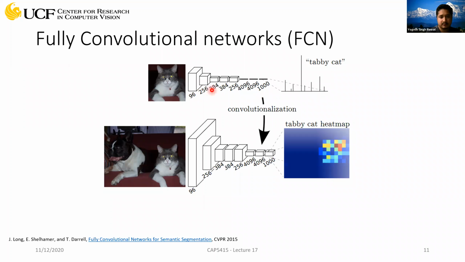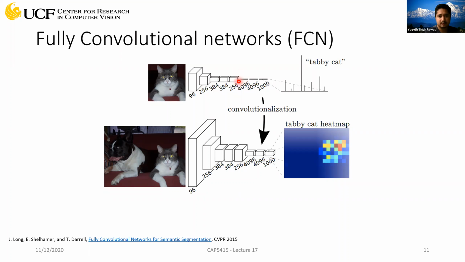Some of these layers will be followed by max pooling layers to reduce the resolution of your feature map. So you have one max pooling layer over here, then another max pooling layer over here.